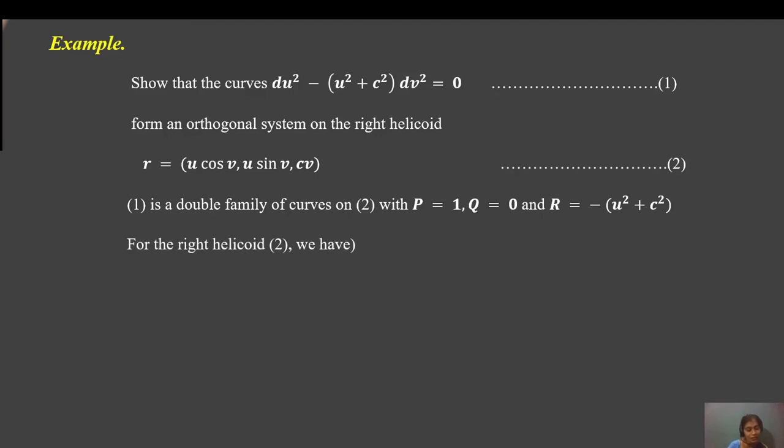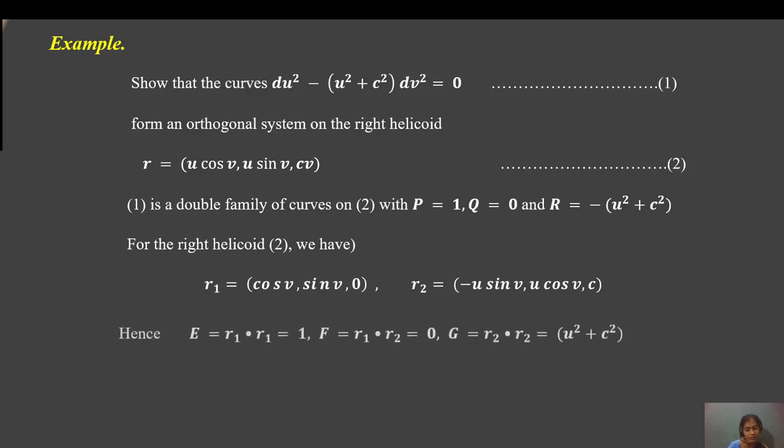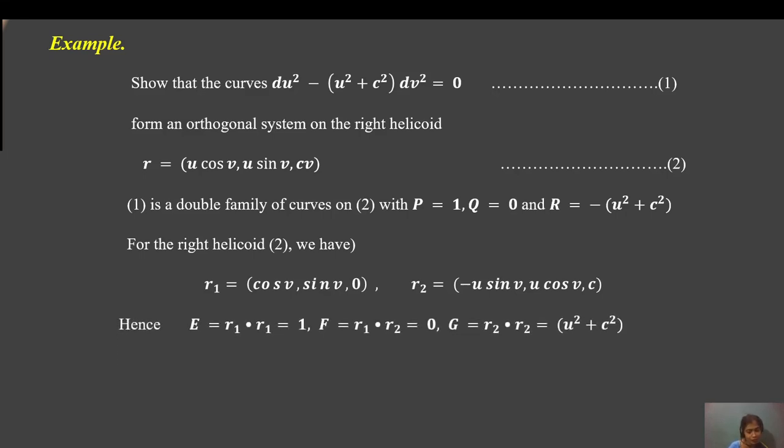For the right helicoid, we have r1 equals cos v, sin v, 0 and r2 equals minus u sin v, u cos v, c. Then E equals r1 into r1 equals 1, F equals r1 into r2 equals 0, and G equals r2 into r2 equals u square plus c square.